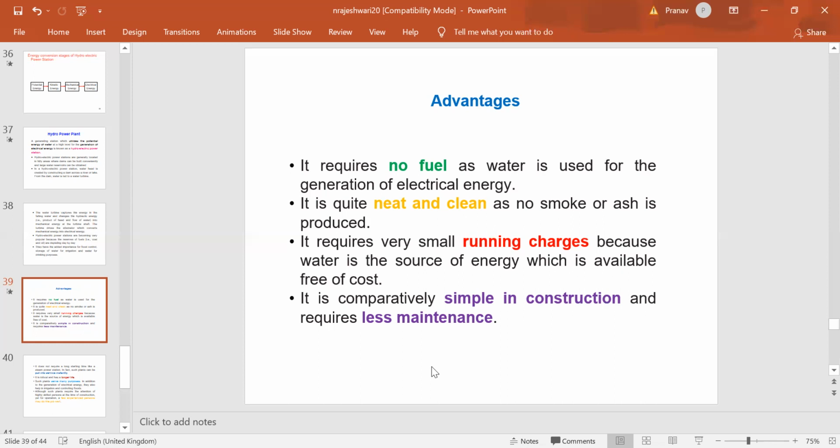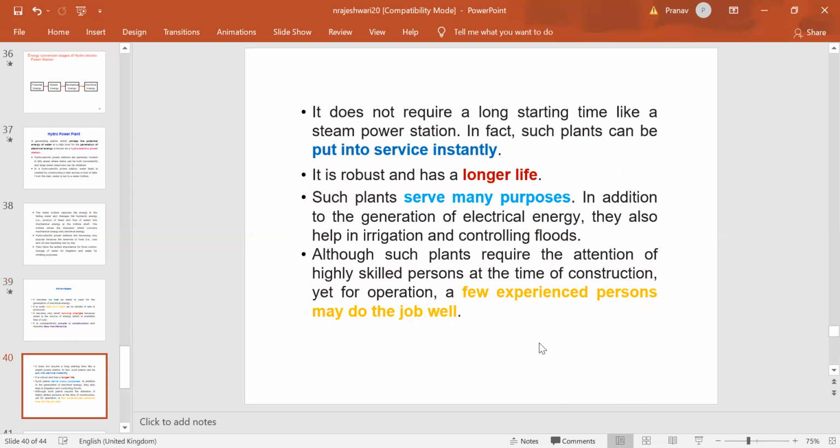And it requires no fuel as the other power plants, and it is neat and clean also. No smoke and ash are produced in these hydroelectric power stations, and it also has small running charges because water is available free of cost.